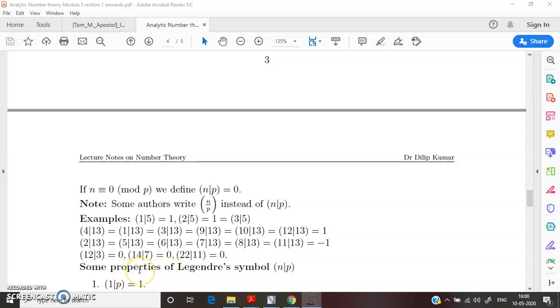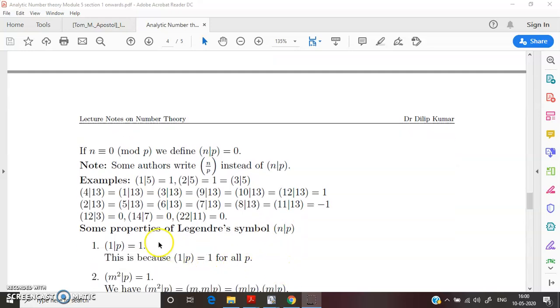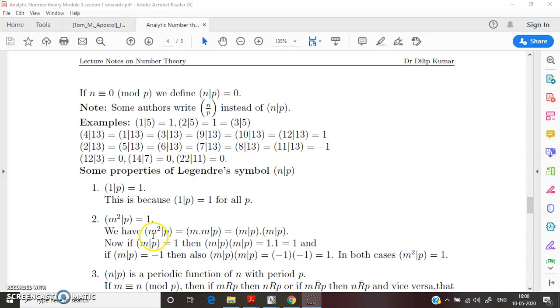Now let us discuss some of the properties of the Legendre symbol n over p. The first property is that 1 over p is equal to 1.